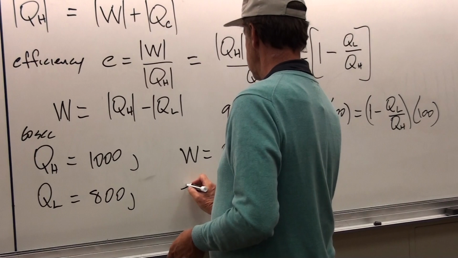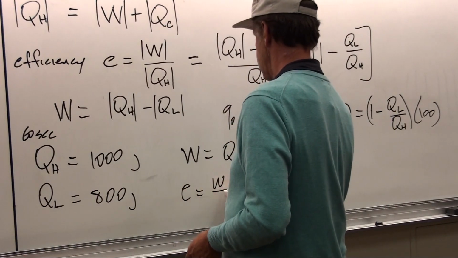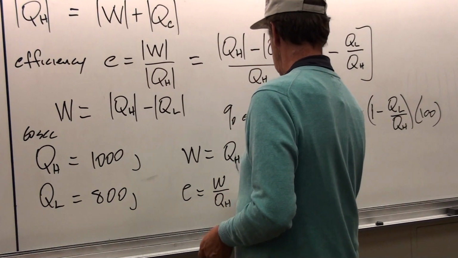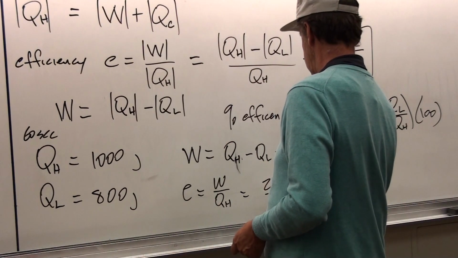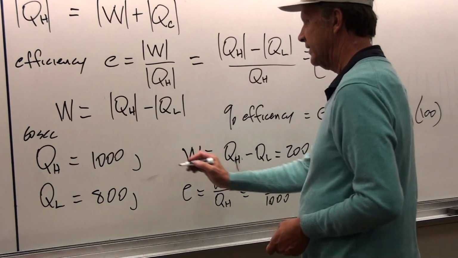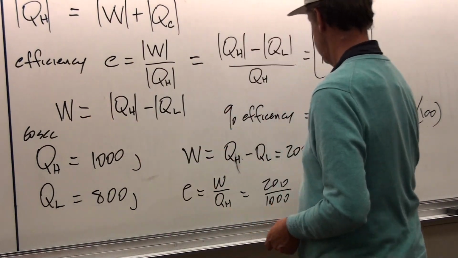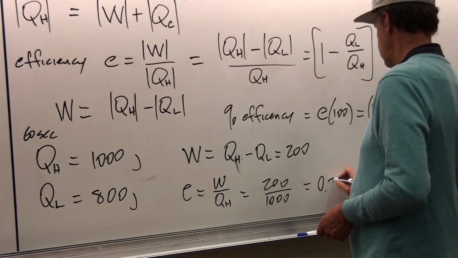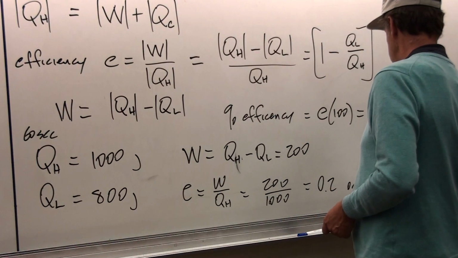And the efficiency then would be equal to W over QH, which would be 200 divided by 1,000 in that 60-second time interval. So that would be 0.2, or 20% efficient.